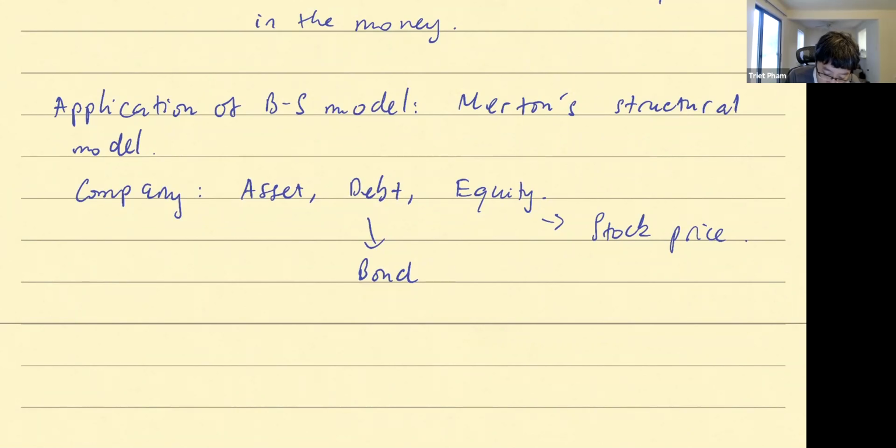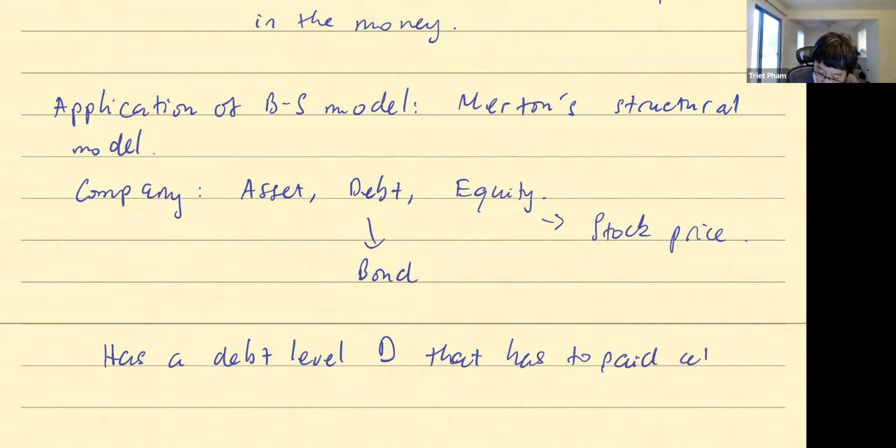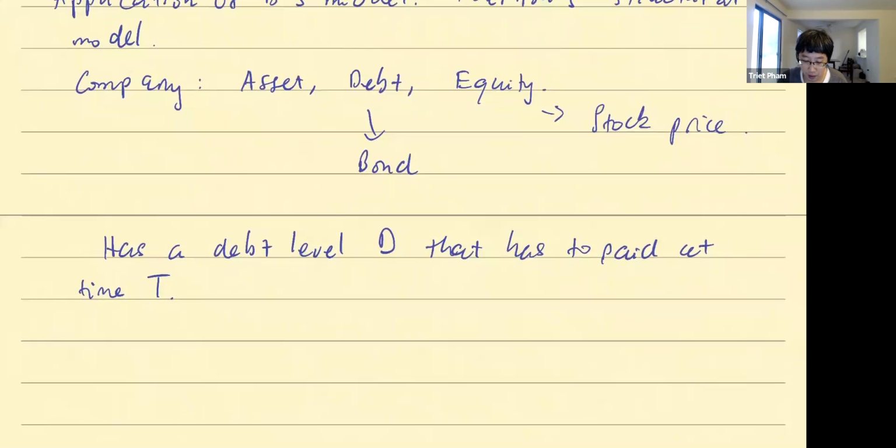The model for the structure of the company by Merton is a very simple model. This company has a debt level D that has to be paid at time T. You can think of D as like $1 million or $100 million or something, but it's a fixed number.